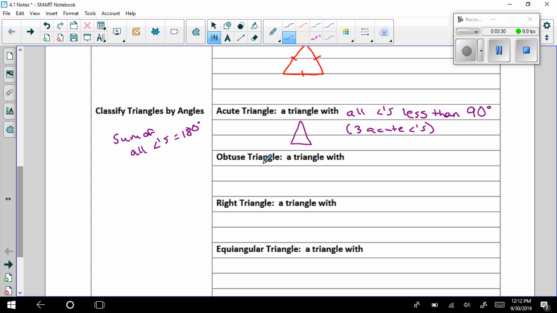An obtuse triangle is a little bit different. We can't have a triangle with all obtuse angles. If you try to draw it, you'll see like, okay, there's obtuse. If I draw another obtuse, I'm going back this way, and I would have to go like this way. And so I'm not going to get back around to where I started with only three sides. So an obtuse triangle is a triangle with one obtuse angle.